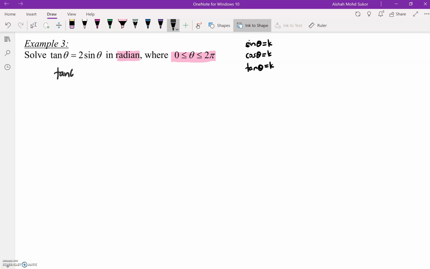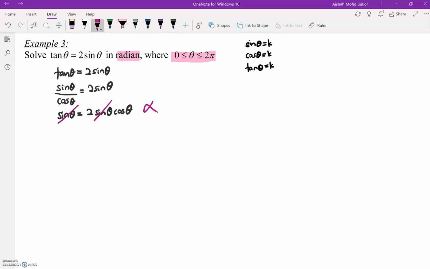So you have here tangent theta is equals to 2 sin theta. So now tangent theta is equals to sin theta over cos theta. So sin theta is equals to 2 sin theta cos theta. You cannot cancel sin theta because sin theta has its own angle.